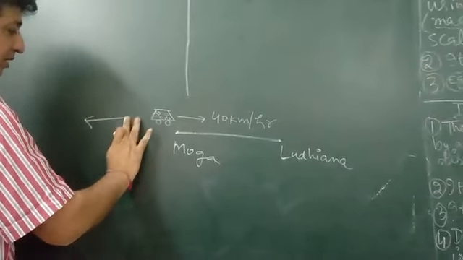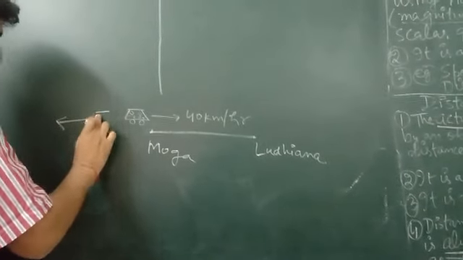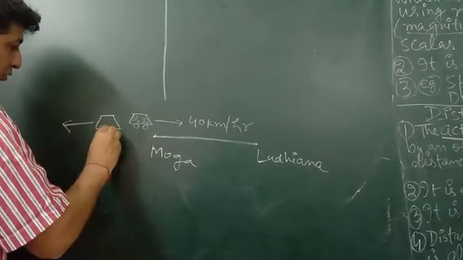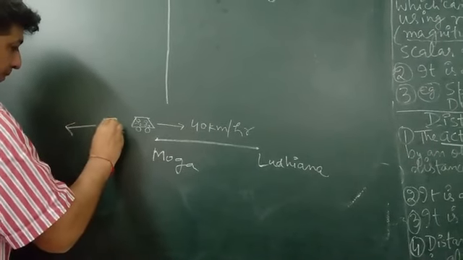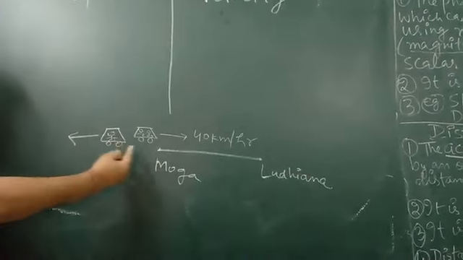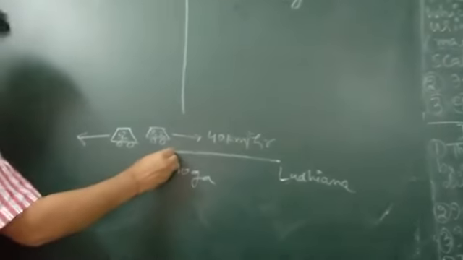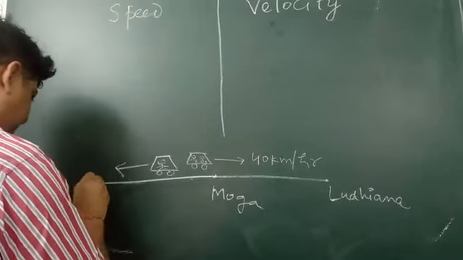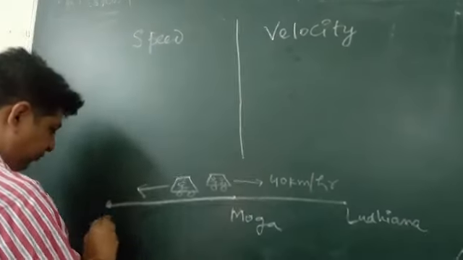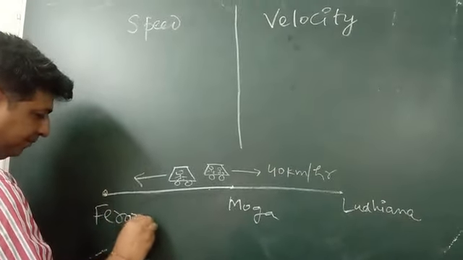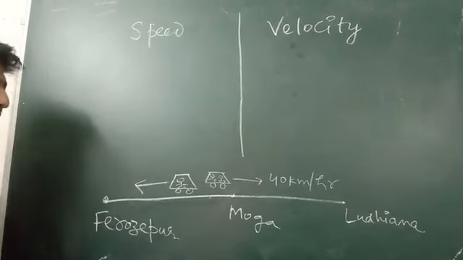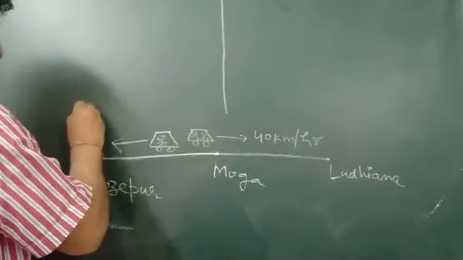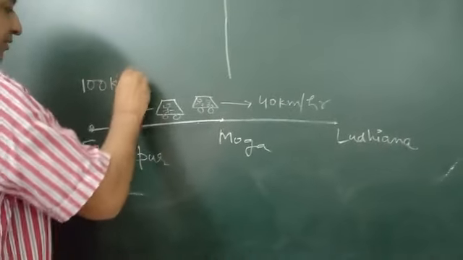Now there is another car going in the opposite direction. In the opposite direction, what do we have? We have Firozpur. This car is moving towards Firozpur, say at 100 kilometers per hour.